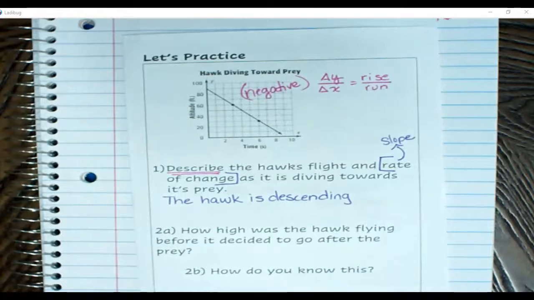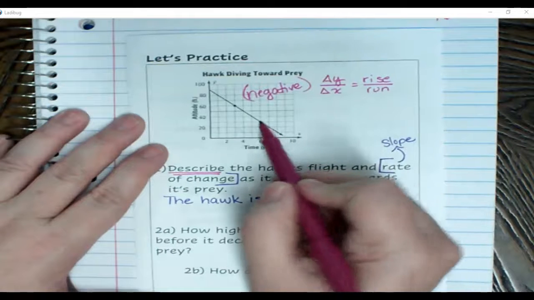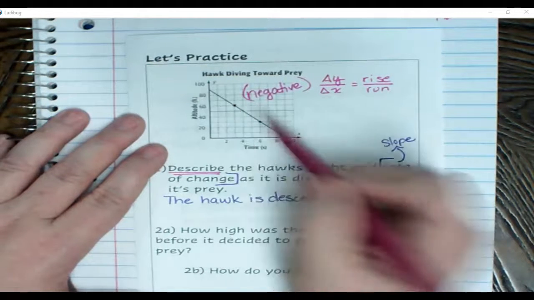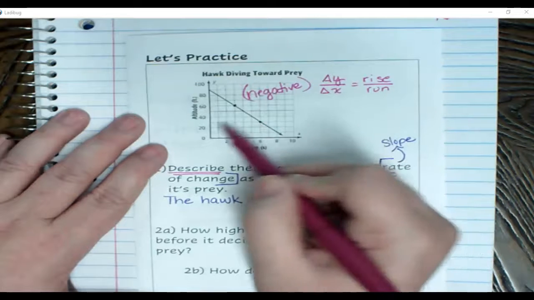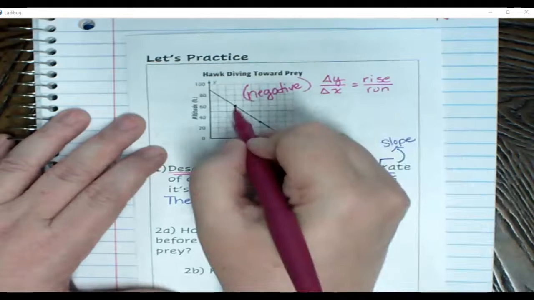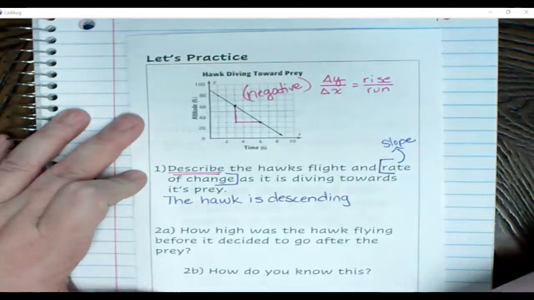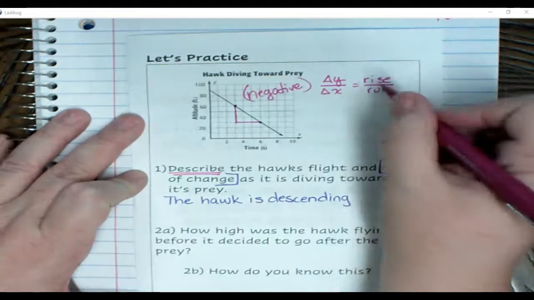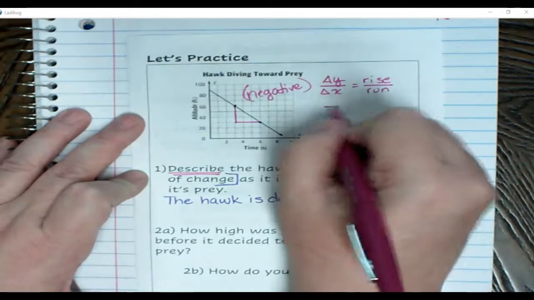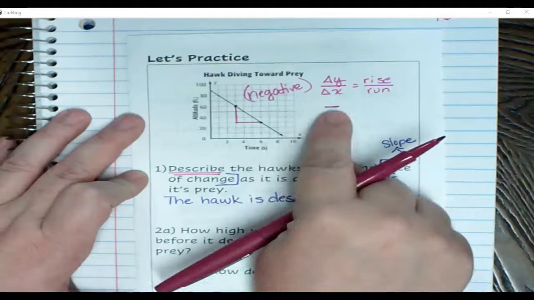We need 2 good points. They gave them to us right here and right here at 360 and at 630. So we can draw our little helper triangle. And we need to calculate, how is it rising? How is it running? Well, first of all, I know it's negative. We already established that it's going downward, so it's a negative slope.